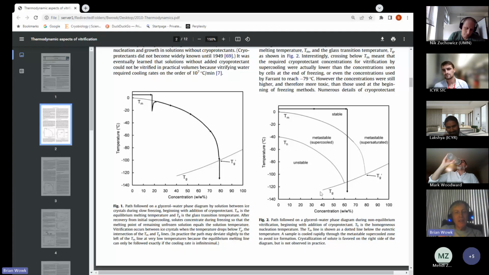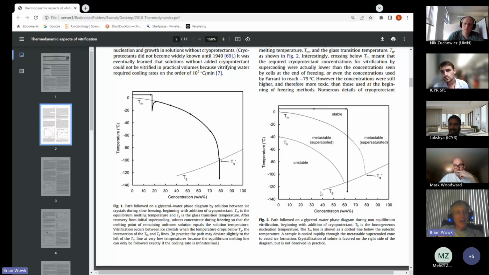But things like sugars, like sucrose, also have a higher TG prime. But the problem is, if you actually want to stabilize cell interiors, then you usually need penetrating cryoprotectants, and the selection of penetrating cryoprotectants that have a high TG prime temperature is limited.